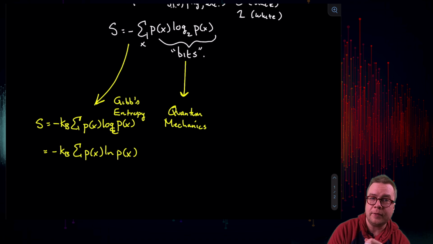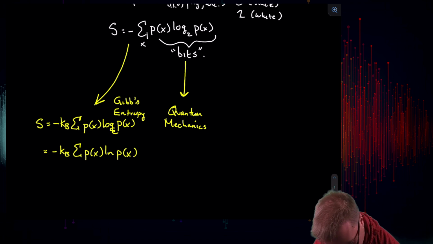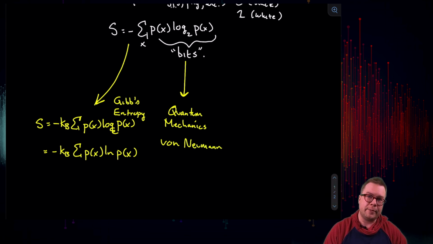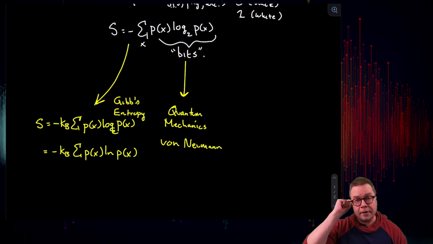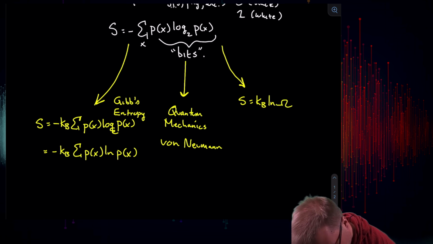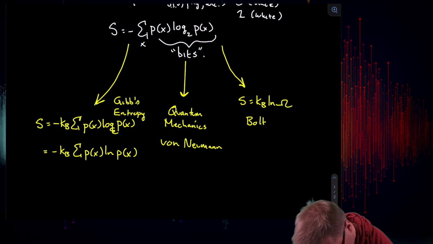We're not going to talk about that this semester. We don't talk about quantum mechanics in this class. But just so that you know, this is called the von Neumann entropy, after John von Neumann. And then finally, we can have another special case of this entropy, where we get something that looks like entropy is KB log of omega. And this is what we call the Boltzmann entropy.